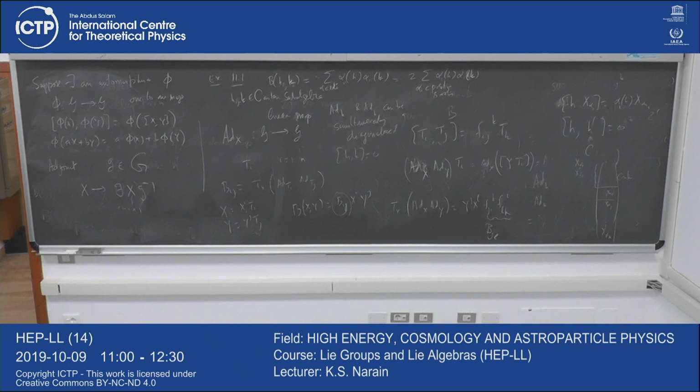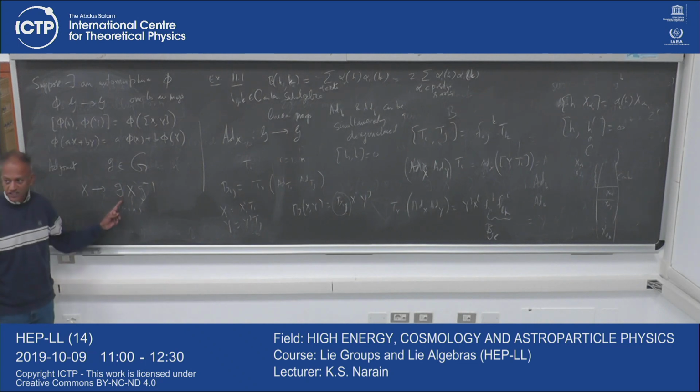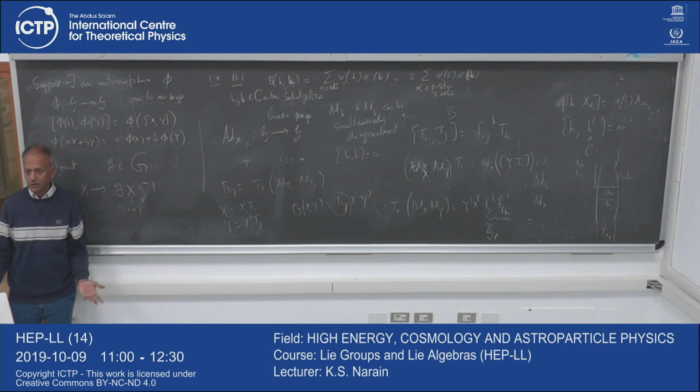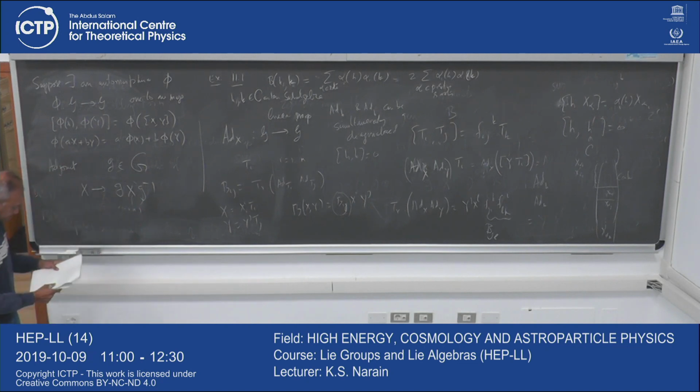That was an automorphism for every g. So if such an automorphism exists, you would want your metric, whatever the notion of metric is, to have this symmetry, to be invariant under this automorphism. And that is satisfied.